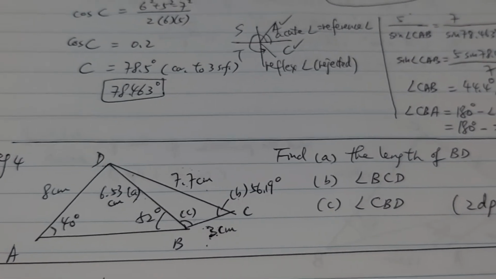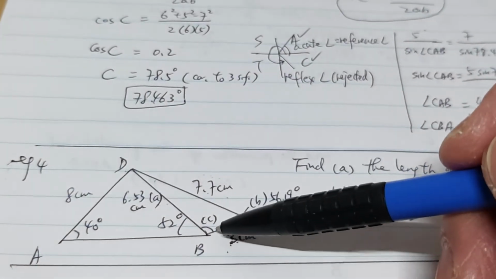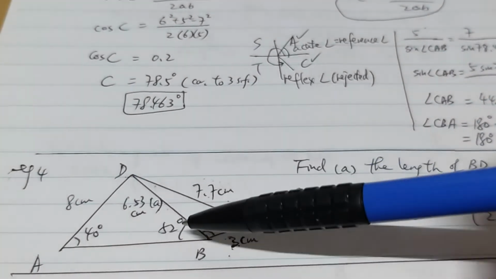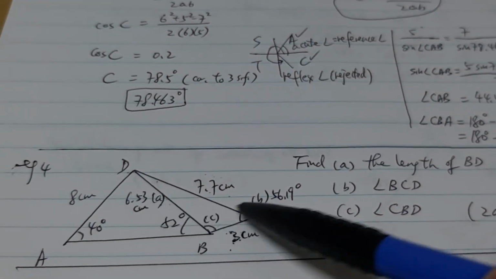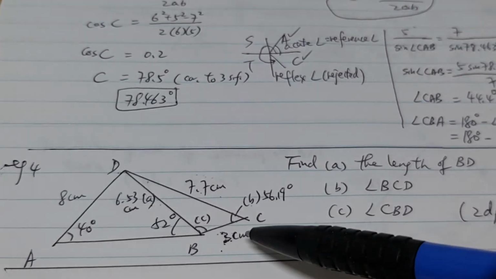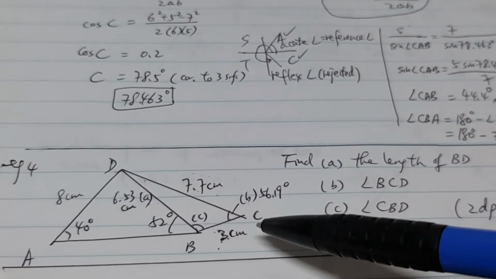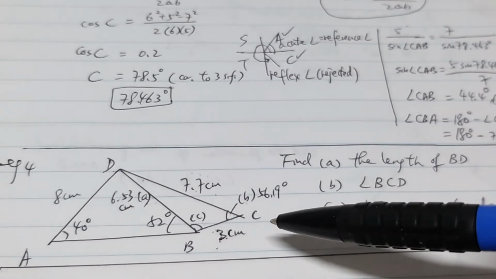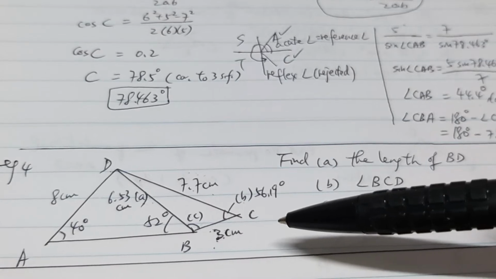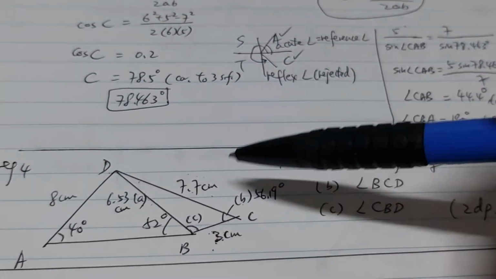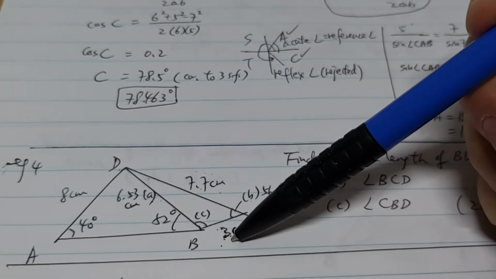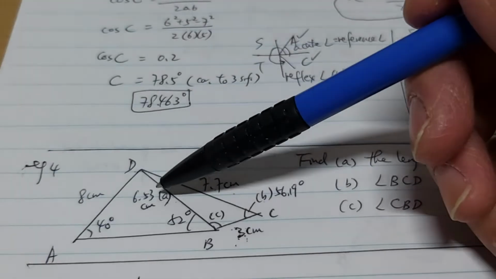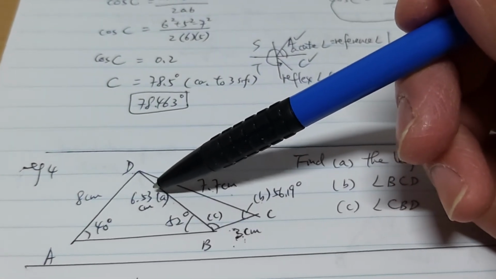Okay, now we look at part C. We want to find this angle. So, I have written down the answer on the figure. In this case, can we use cosine formula to find? Or can we use sine formula? So we can see that 3 is the shortest side, 7.7 cm is the longest side, and 6.53 is the middle one.